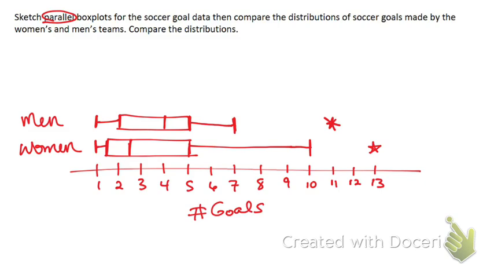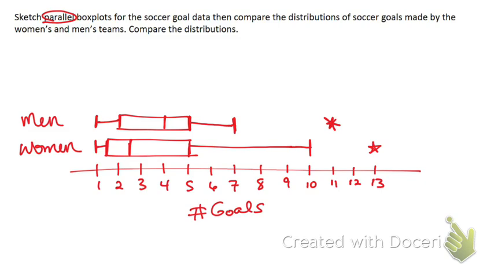So somebody give me a comparison statement between these two box plots. Yeah, the minimum for both is 1. Good. The median for men is higher, but women have a higher maximum score. Perfect.